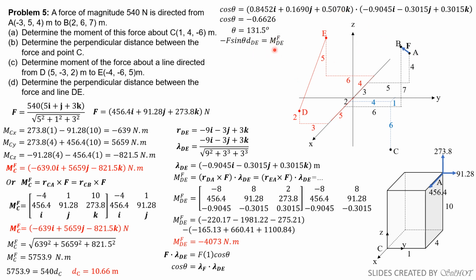Then equals the moment about axis DE, which is negative 4073 Newton meter. Magnitude of F is 540, so negative 540 sine of 131.5 degrees times the perpendicular distance to DE is negative 4073. Solving for the distance between the line of action of force and DE, it is equal to 10.07 meters. So this is from example 1 about distance between two vectors.